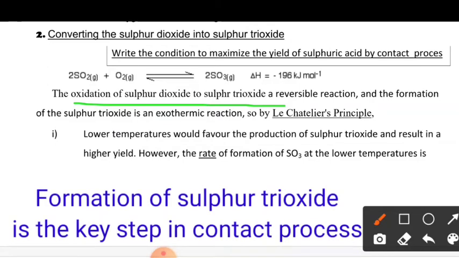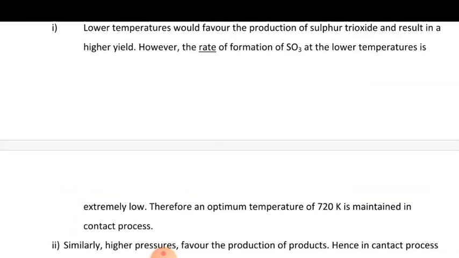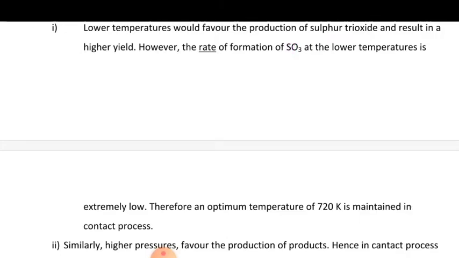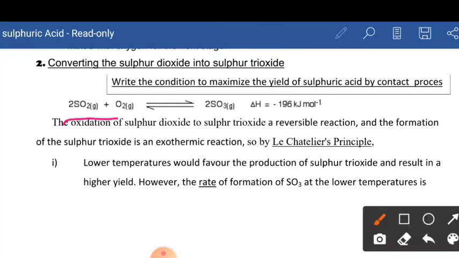But that step is a reversible reaction. For a reversible reaction, we have to apply Le Chatelier's principle to get maximum yield. What are the conditions for getting maximum yield? Let us discuss. In the formation of sulfur trioxide by oxidation of sulfur dioxide, the delta H value is negative, which means it is an exothermic process.